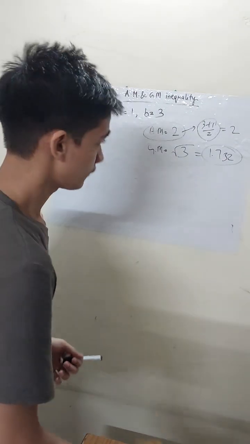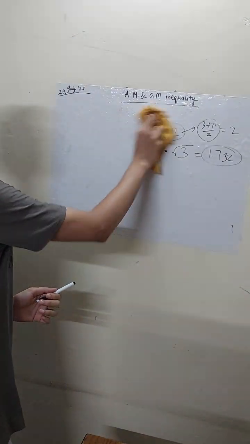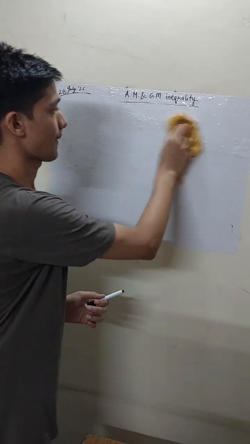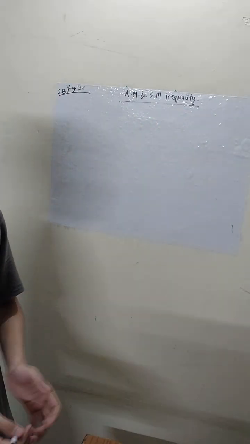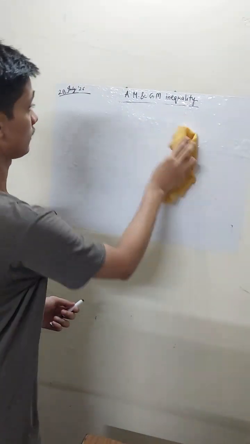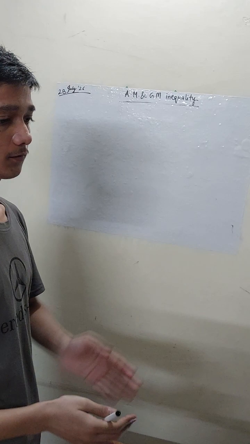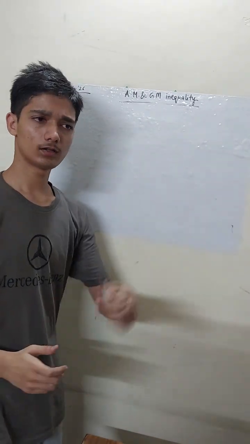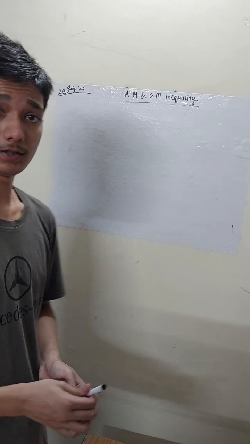Now we are going to implement these inequalities in a question which comes under maximum and minimum values, basically in the notions of maxima and minima of class 12 and for JEE.